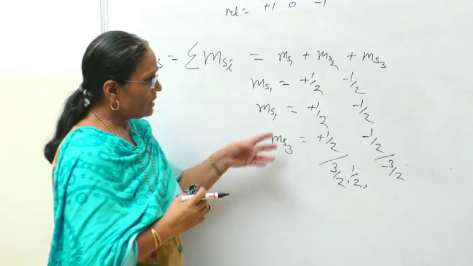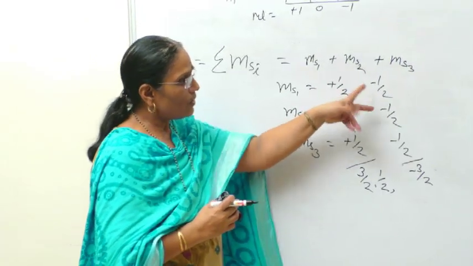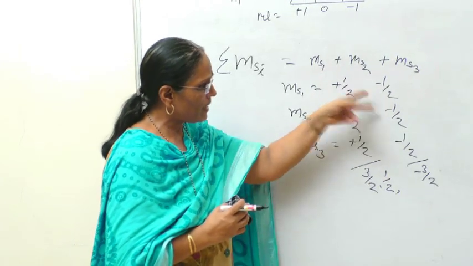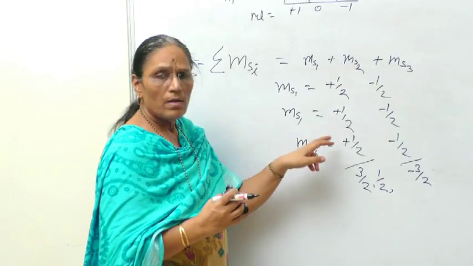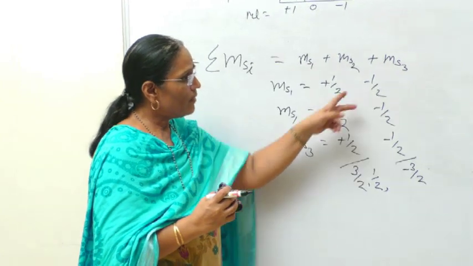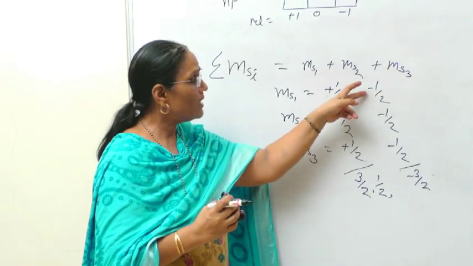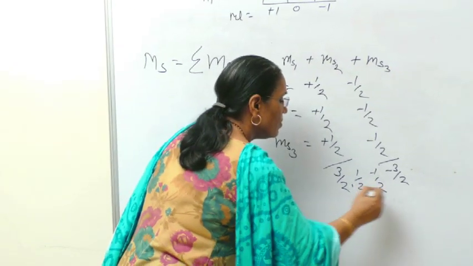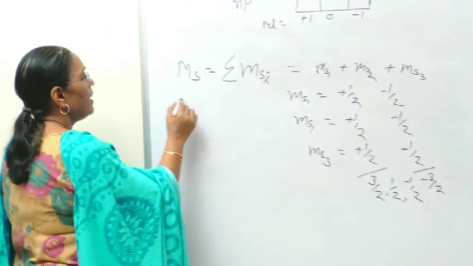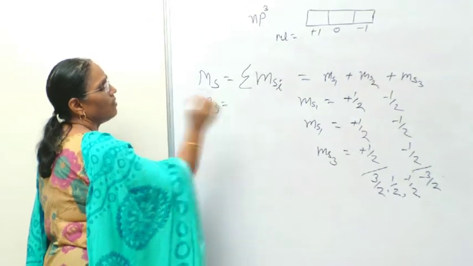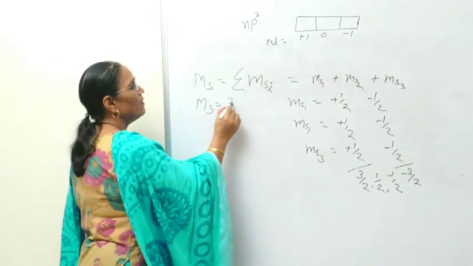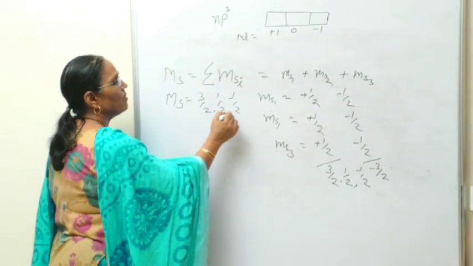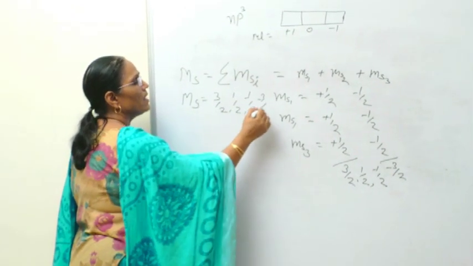And in the other case, 2 electrons may have -1/2, that is -1, and the third electron may have +1/2, therefore -1/2 -1/2 +1/2 gives -1/2. So the possible ms values for p3 configuration come to be 3/2, 1/2, -1/2 and -3/2.